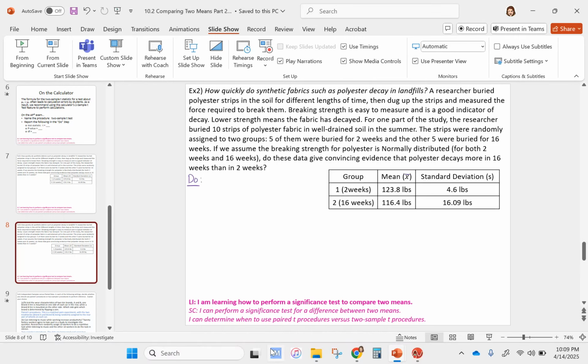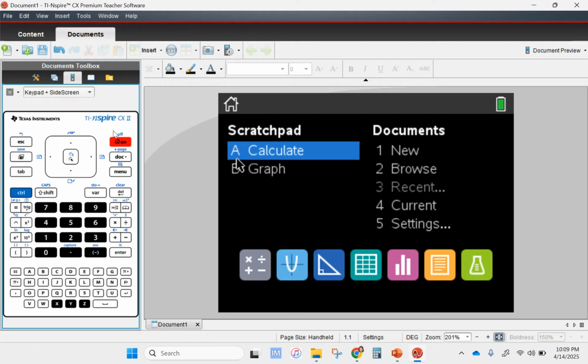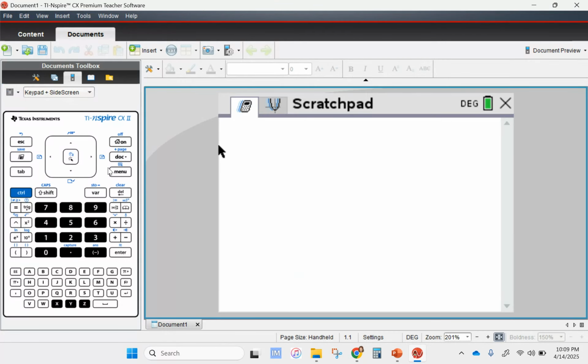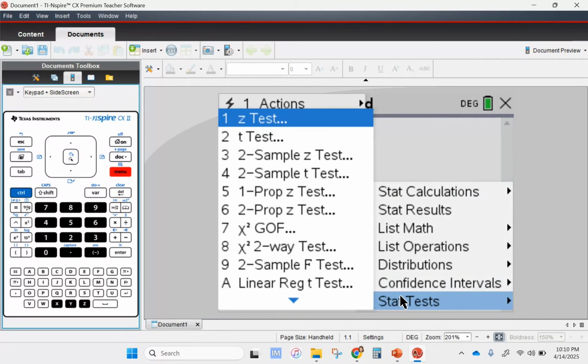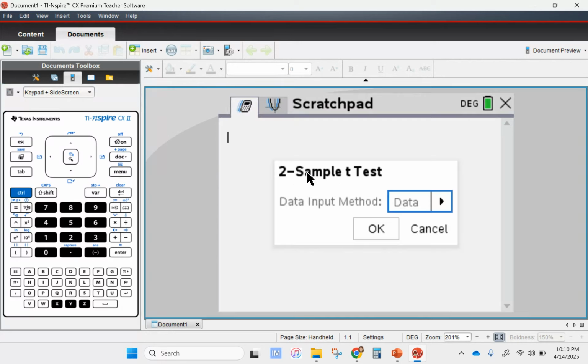I'm going to go to a calculate page, and when I go menu, stats, I'm looking for stats tests. We are looking for a 2-sample t-test.